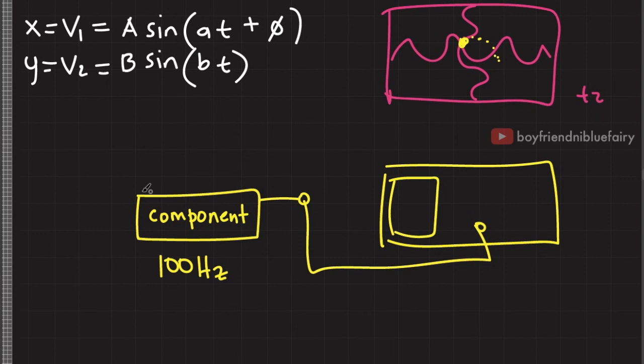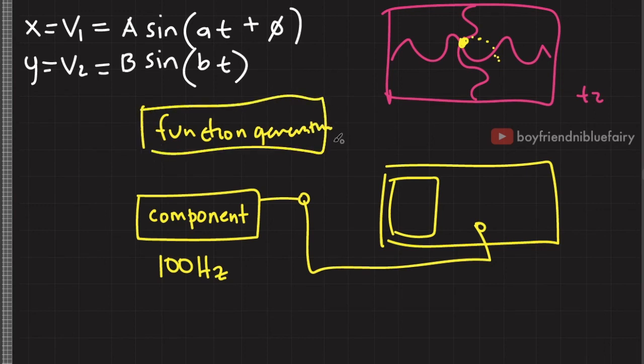So again, one practical application of the Lissajous curve is that when you have a component and you're not sure of its frequency, then you can connect it to an oscilloscope and a function generator and observe their Lissajous figure or Lissajous curve.